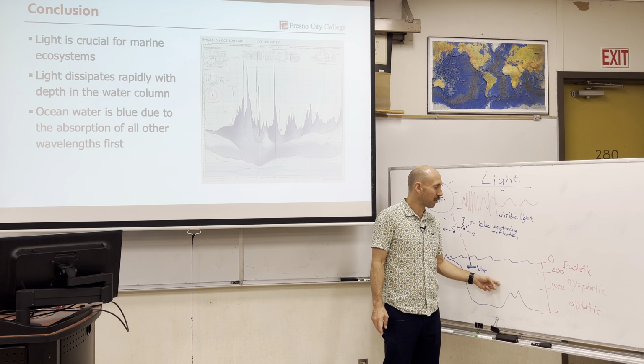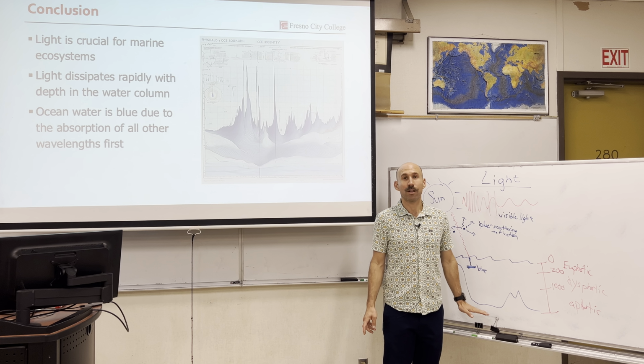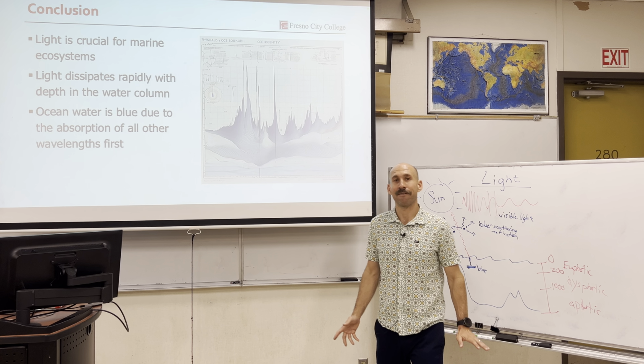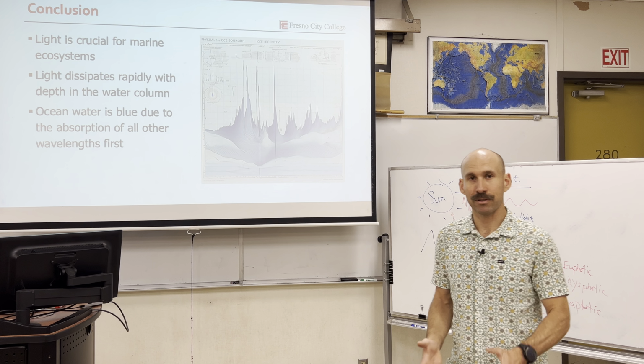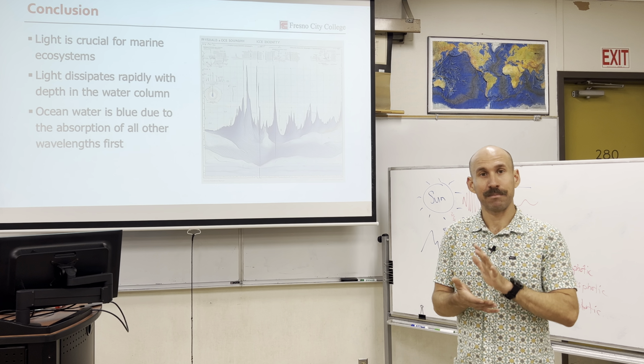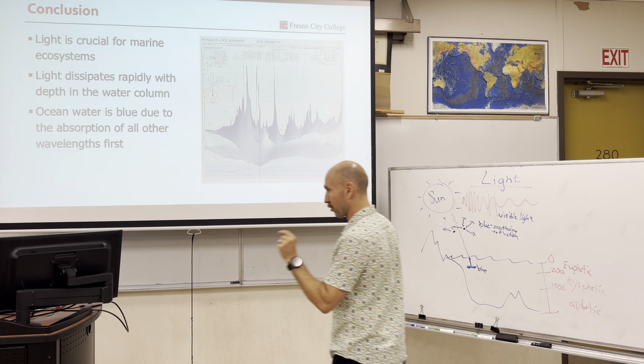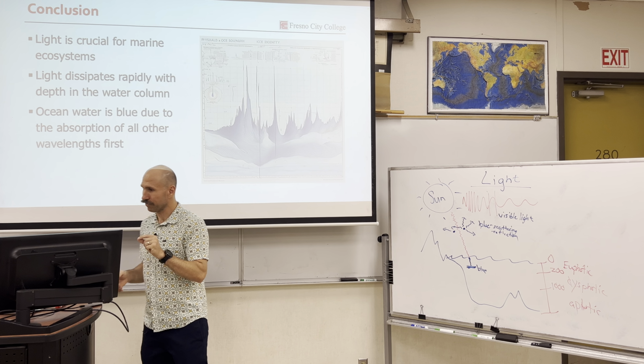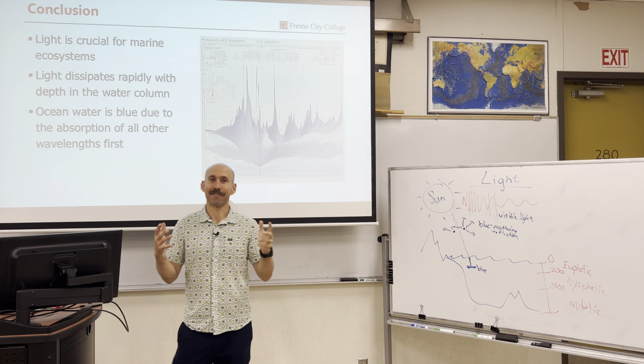It decreases pretty quick, and then below 1 kilometer, there's no more light available, causing marine organisms to niche, to find specific adaptations for these extreme environments. That's everything I got for ocean light.